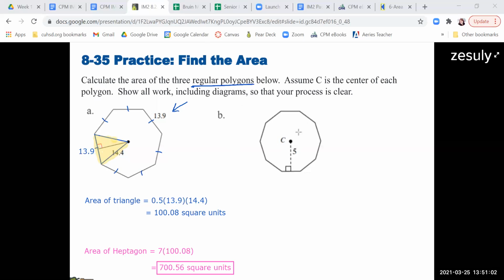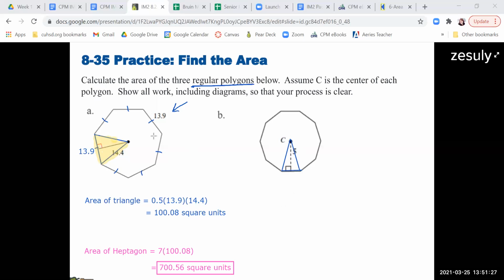So we need a triangle. So I'm going to go from one vertex to the center, and then from the next vertex to the center. All right, so there's our triangle. And we actually know the height of this triangle.